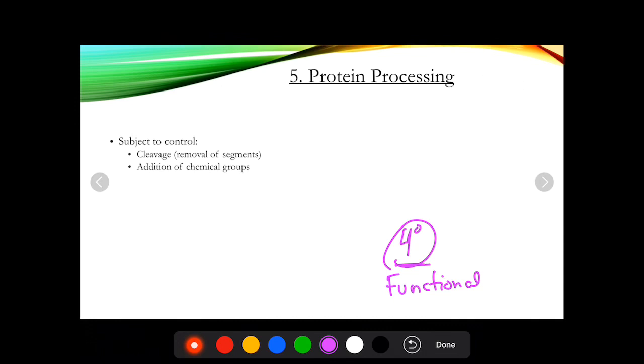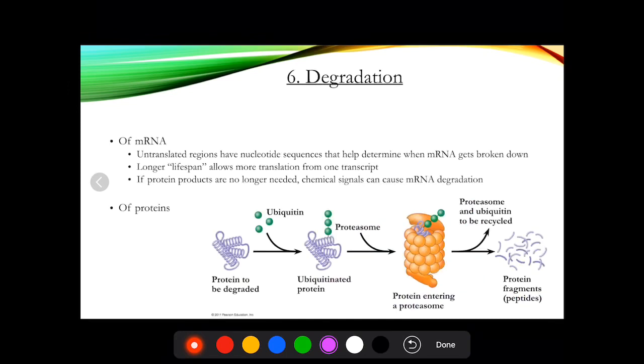Okay, so let's say you've made the mRNA, and you don't need the protein product from that mRNA. Now you can straight up degrade it. This is the last way that you can control what proteins are present in a cell, by degradation. So you can degrade the mRNA. Here's the mRNA.